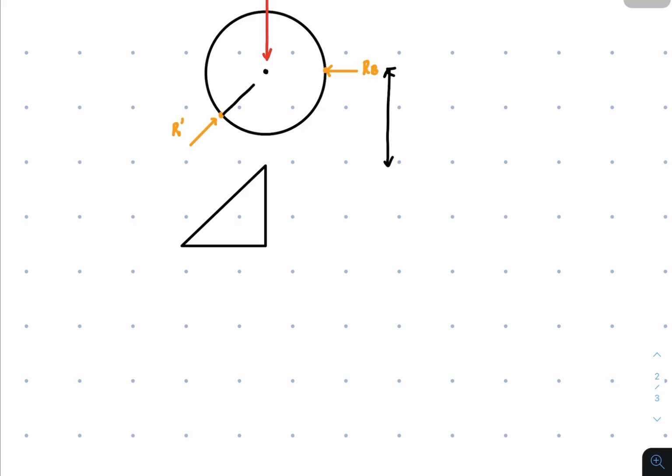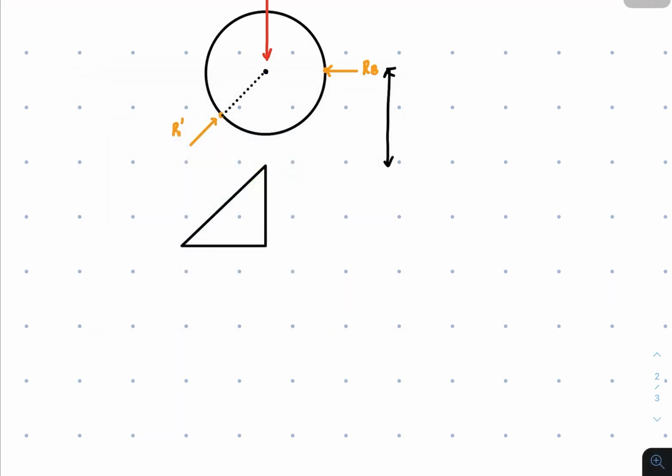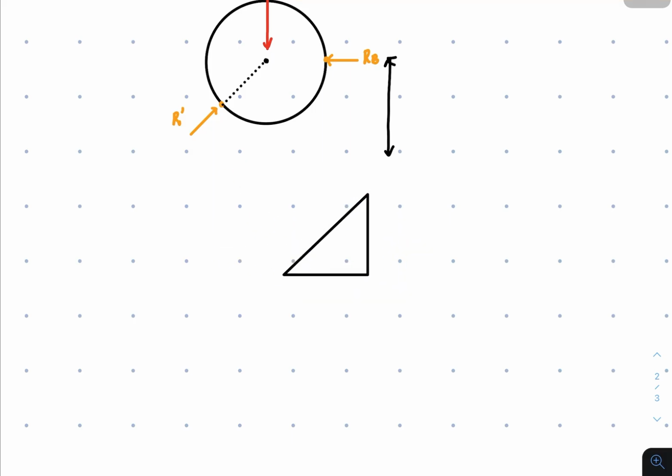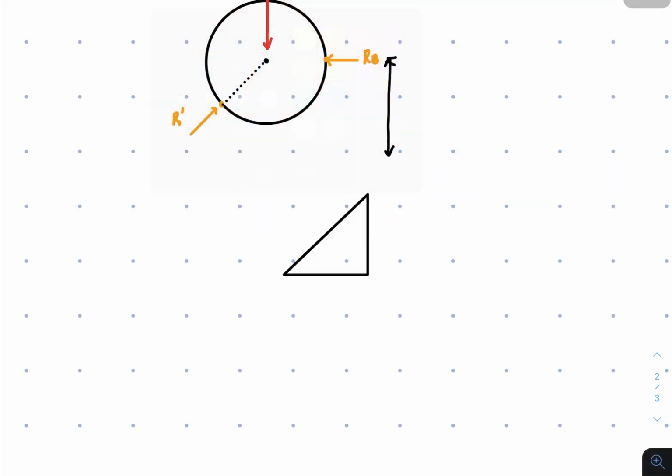So this is the line of action of r prime, and let's just make it as a broken line. And we wanted to have the angle and the position from the vertical. So from the vertical, we need this angle theta.